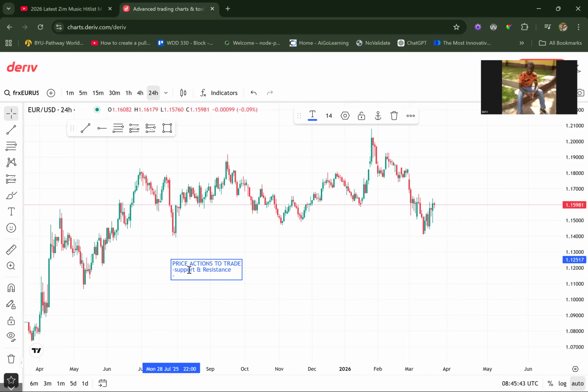Second is trend lines. What is the third one? Usually these are the things that we use when we are doing analysis using price action.